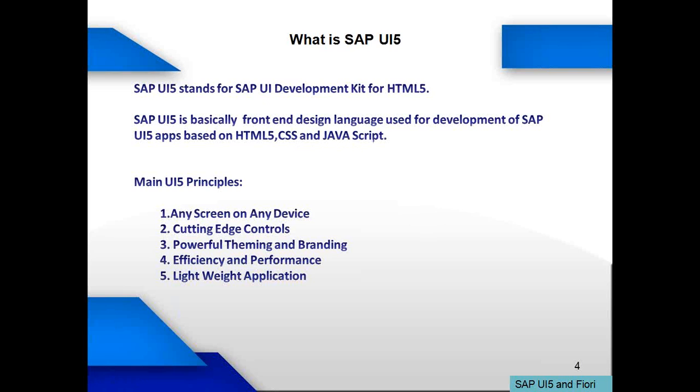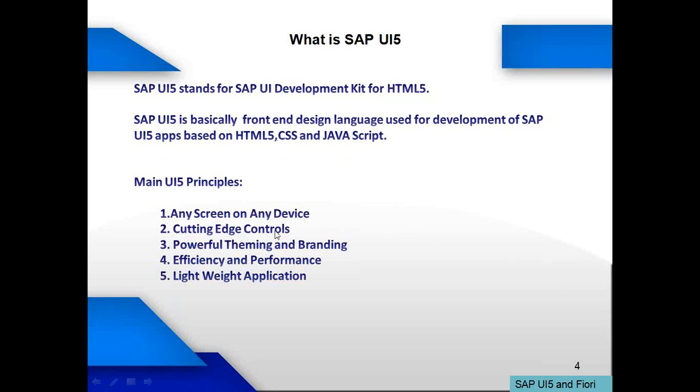So far, SAP is a restricted box, and we are moving towards a more open world, like mobile applications. All mobile applications have roots in JavaScript. So UI5 is basically a combination of HTML5, CSS, and JavaScript.